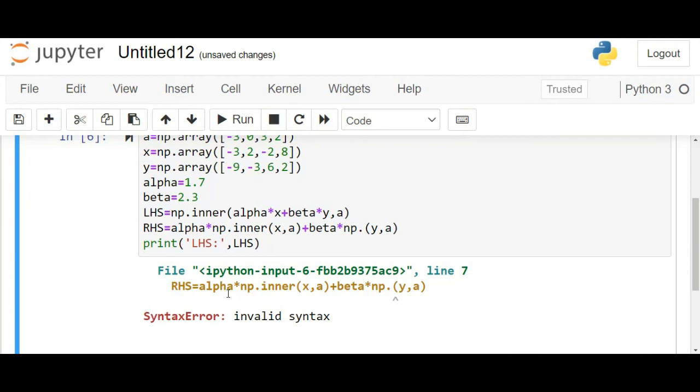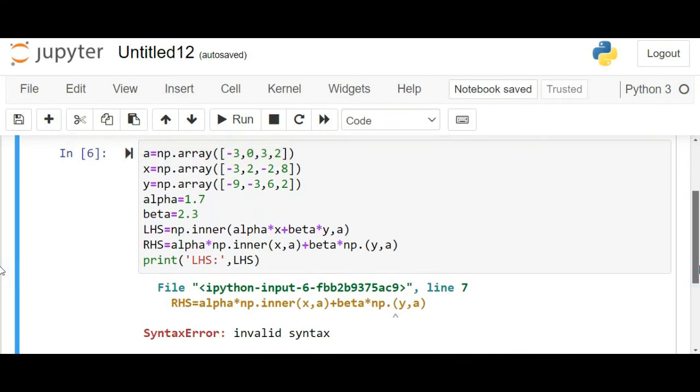Once again: alpha multiplied by np.inner, the spelling is correct, x comma a, plus beta multiplied by np.inner y comma a. Yes, everything is correct.